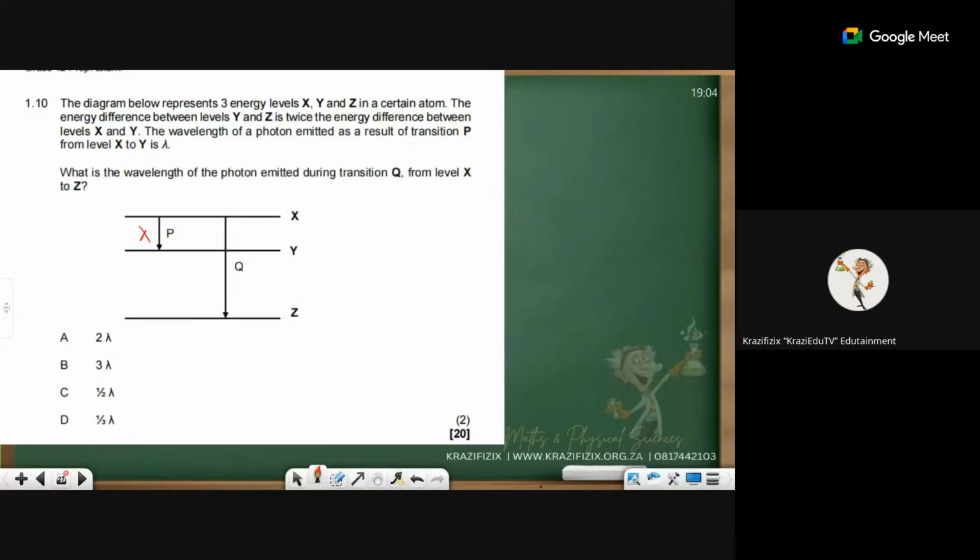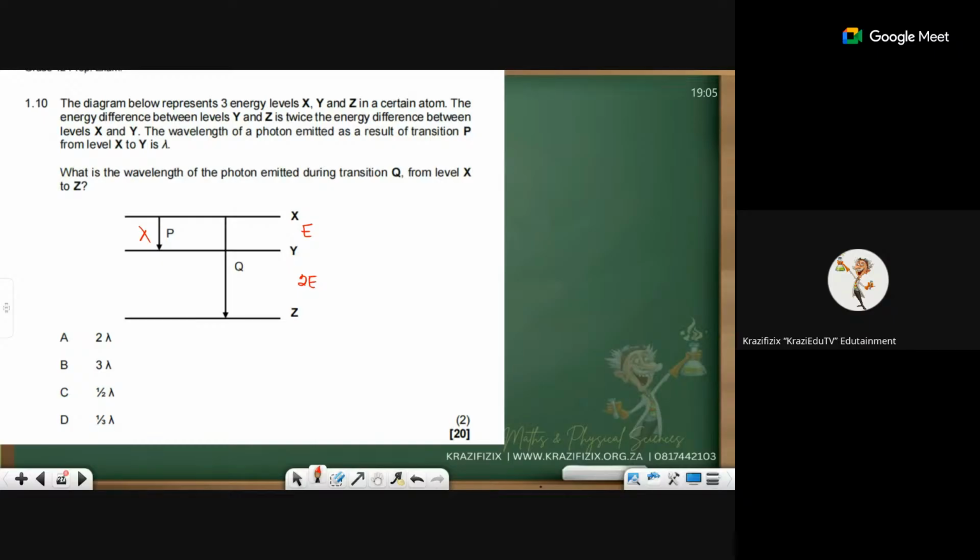The energy difference between X and Y is twice the energy. The energy difference between Y and Z is twice the energy between what? X and Y. So if this is E, can we call this 2E? Okay. So the wavelength of the photon transition between X to Y.